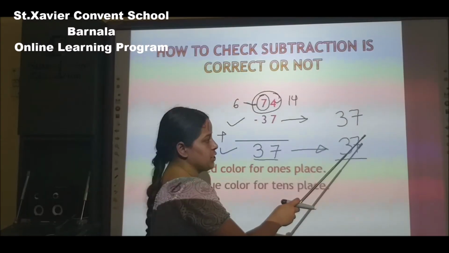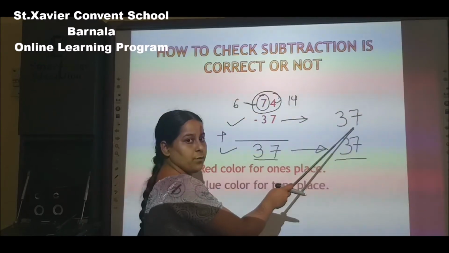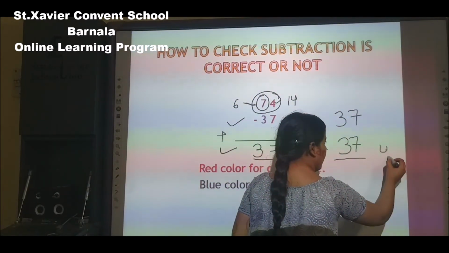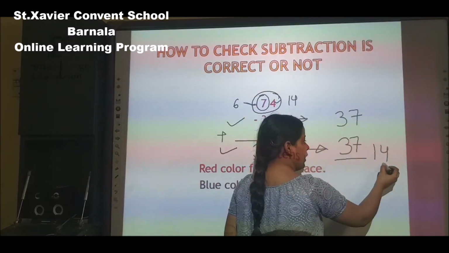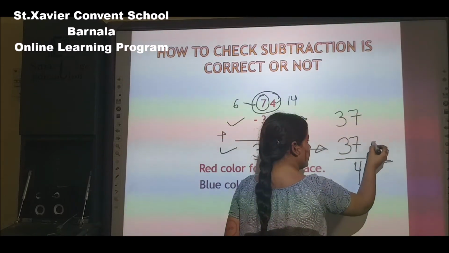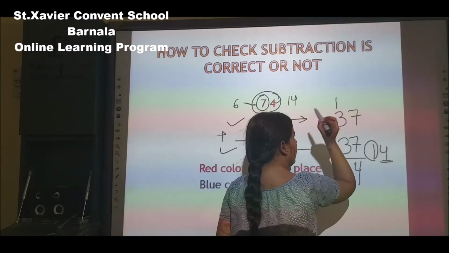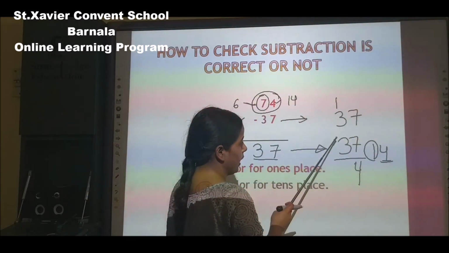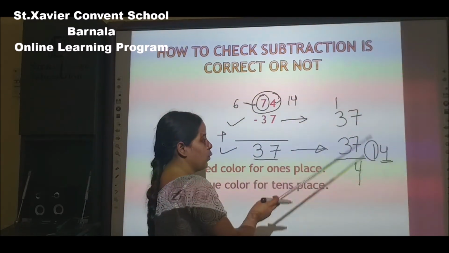First we add the digits at the ones place. 7 plus 7 is equal to 14. So we write this and 1 is taken as a carry to the tens place digit. At the tens place we have 3, 3 and 1.